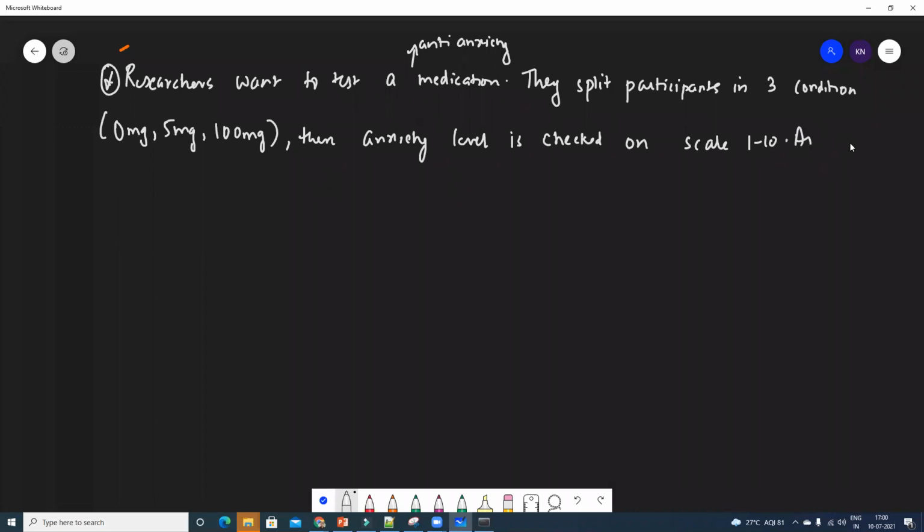Are there any differences between the 3 conditions? And here also we have to use alpha equal to 0.05.